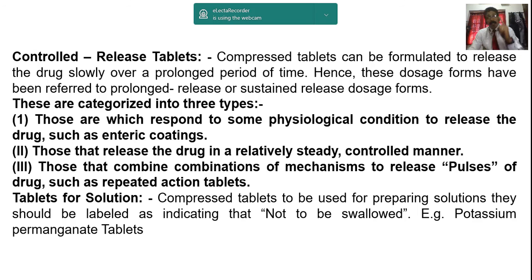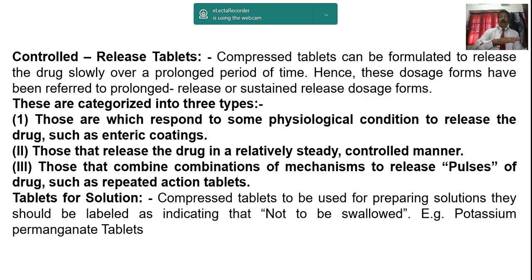So here in this slide, students should know that controlled release tablet is a big chapter, a separate chapter, to prepare controlled release tablets. It's not easy to say with one slide, but you should know that there are 3 categories. One is tablets prepared to release the drug by physiological condition. Second is releasing the drug in a relatively steady, controlled manner.